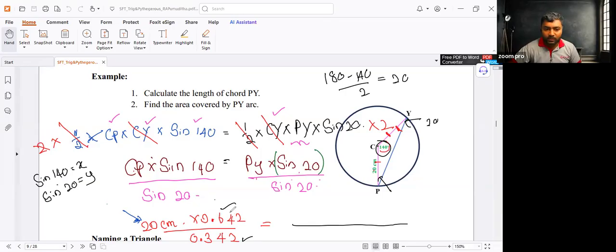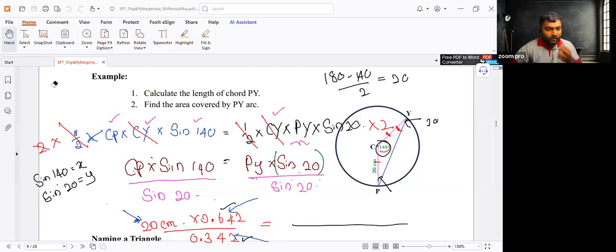Until you practice, it is okay to use this kind of values, but here we have neglected some decimal points, so the answer is deviated. After the practice, you can directly get the answer from the calculator. Until that, this is okay.